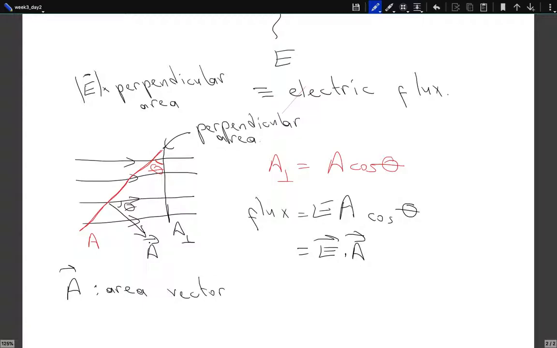So given an area, I can define a corresponding vector. The magnitude of this vector is the area I have, and the direction of that vector is perpendicular to my area.